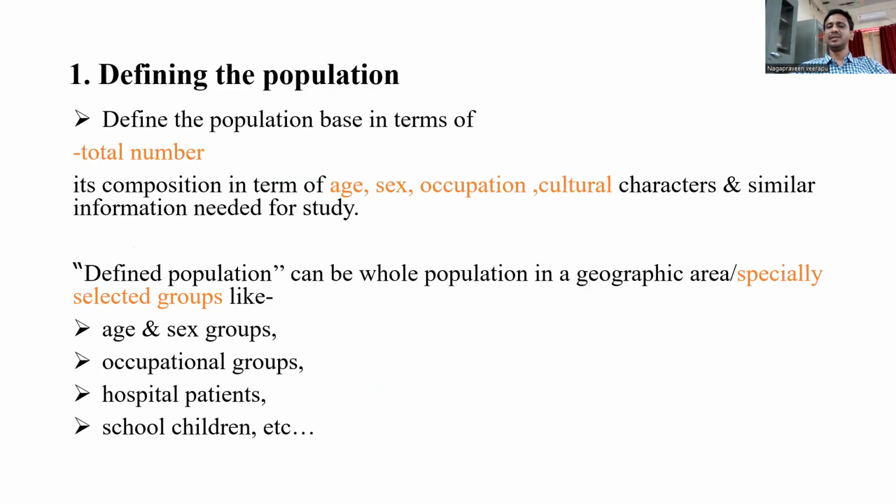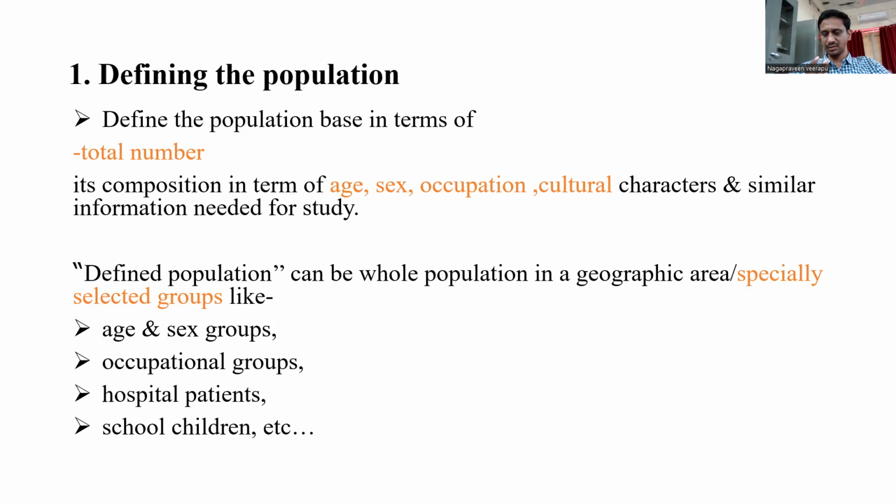First, defining the population. Define the population in terms of total number, its composition by age, sex, occupation, cultural characteristics, similar information needed for the study. We are defining the population, the total number of population, or say you are doing a study on adults and girls, the age group of the girls.